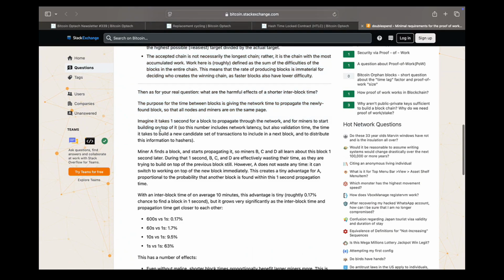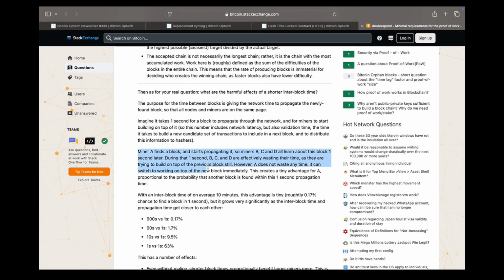Imagine it takes 1 second for a block to propagate through the network and for miners to start building on top of it. So this number includes network latency, but also validation time, the time it takes to build a new candidate set of transactions to include in the next block and to distribute this information to hashers. Miner A finds the block and starts propagating. So miners B, C, and D all learn about this block 1 second later.